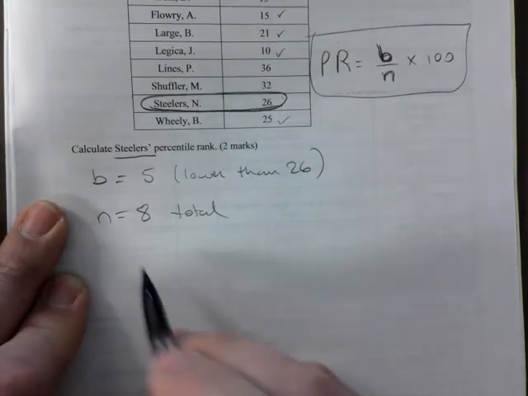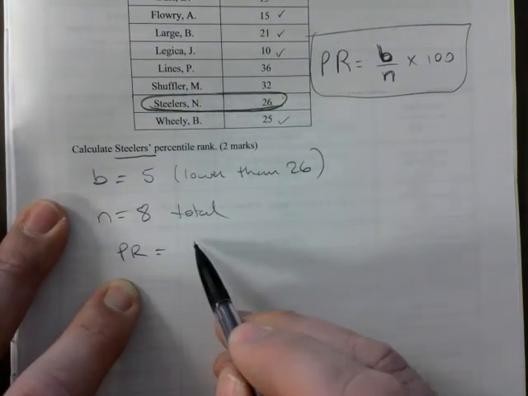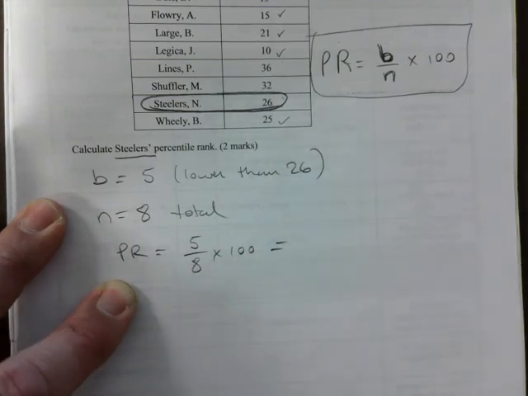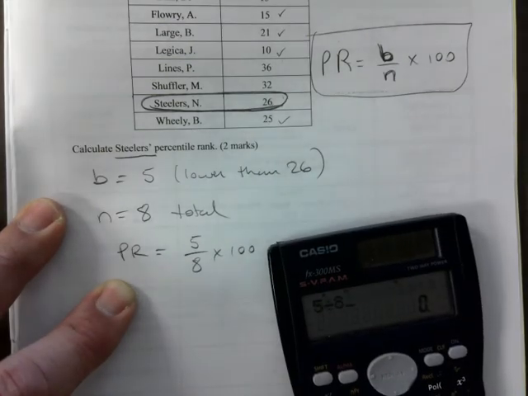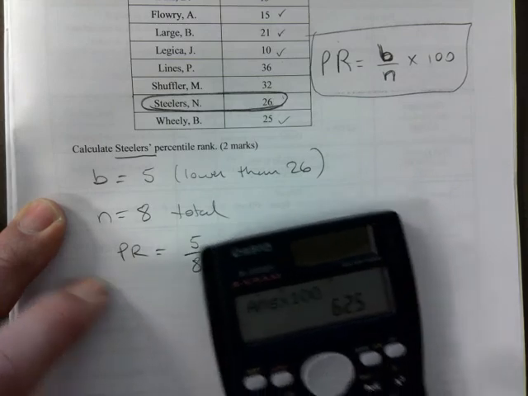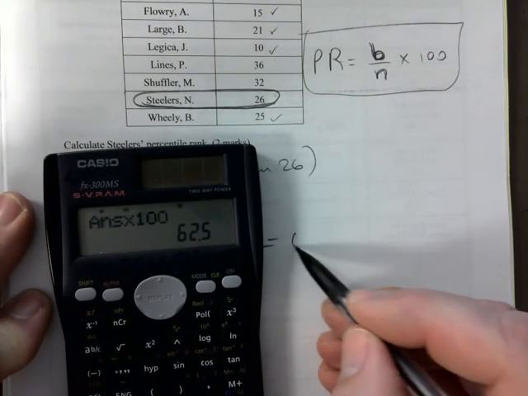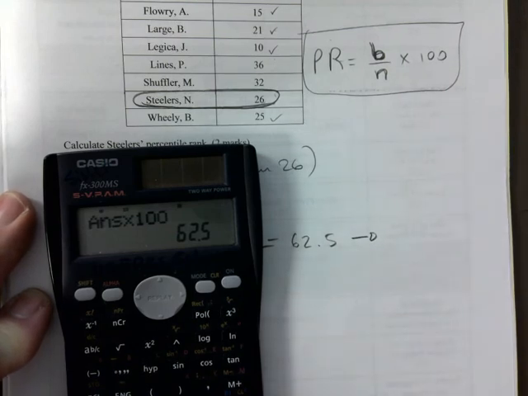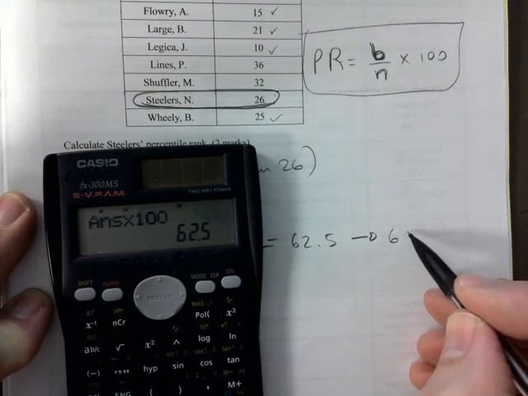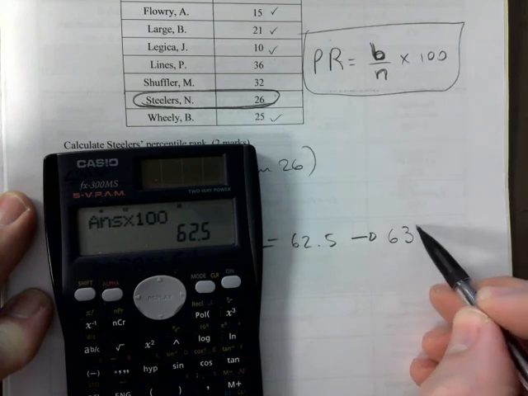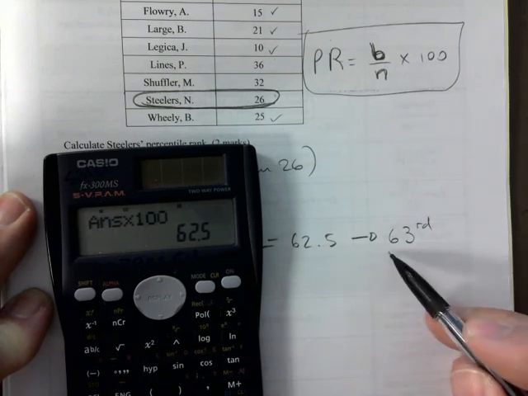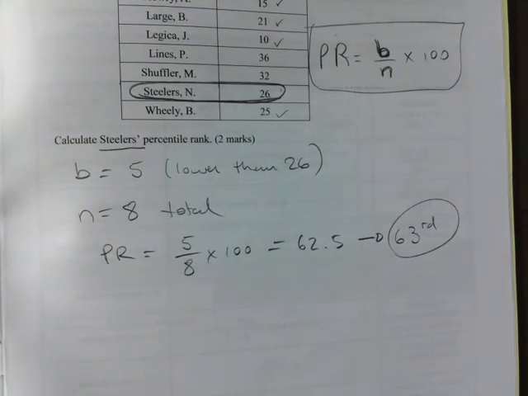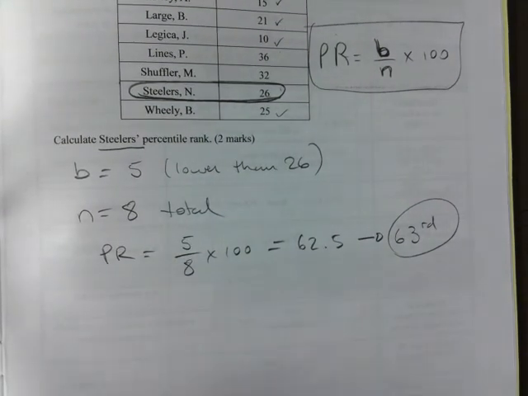So percentile rank, you take B divided by N times 100. Watch this, you get 62.5. You cannot have that, so you need to round either up or down to the nearest whole number because it's ranking, right? So 63rd, that's all you need to do there. You can write percentile after, but just 63rd is fine. That is the percentile rank.